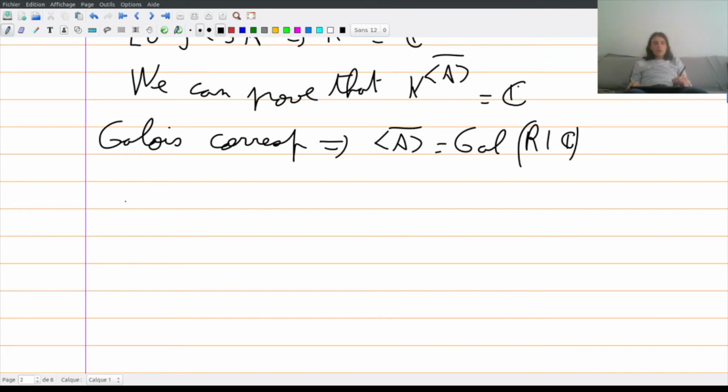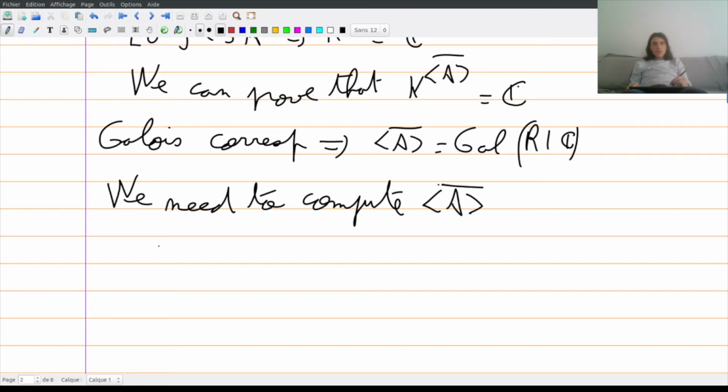So to compute the Galois group, we need to compute the Zariski closure of A, and an algorithm exists for such a task.